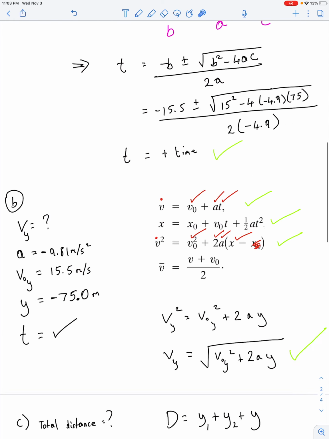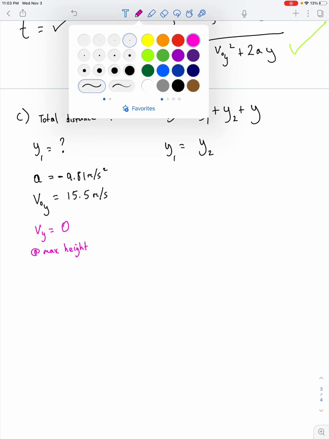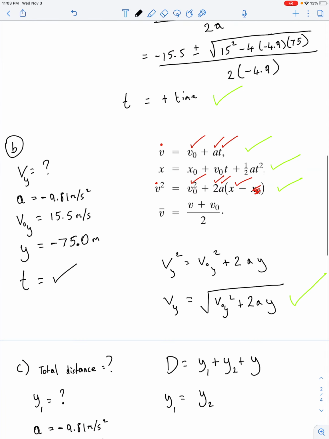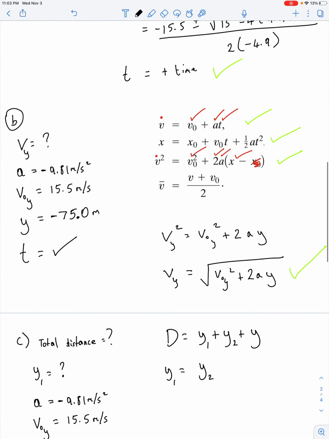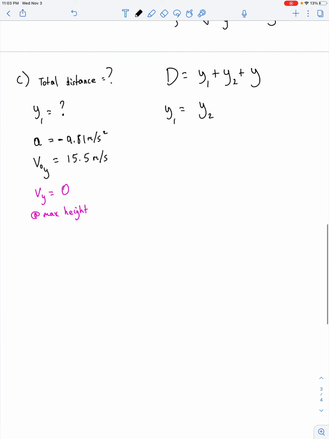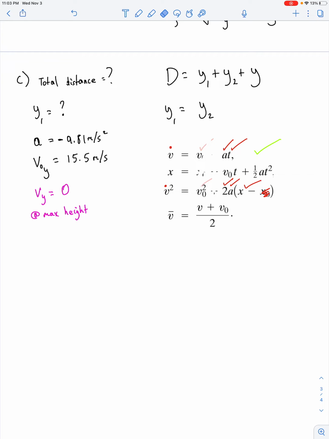Okay. So what is the new information I have? My Vy is equal to 0. So if that's the case, and I want to solve for my y, then once again, how do I solve for these things? I must have an equation. Since this is a constant acceleration thing, I must use these constant acceleration formulas.